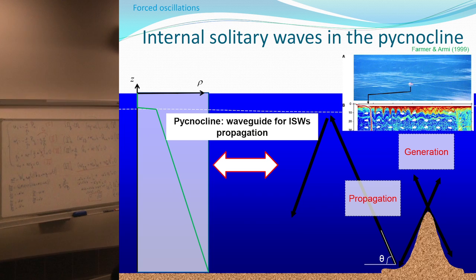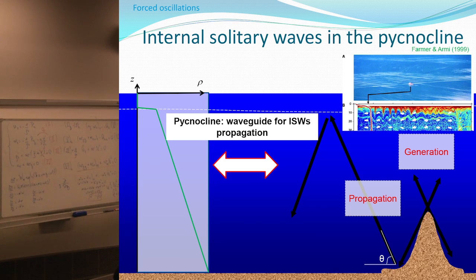Okay, so to finish with, maybe a word about propagation of large amplitude waves in the ocean. When we talked about internal wave beams, one strong assumption that we made is a linear approximation.